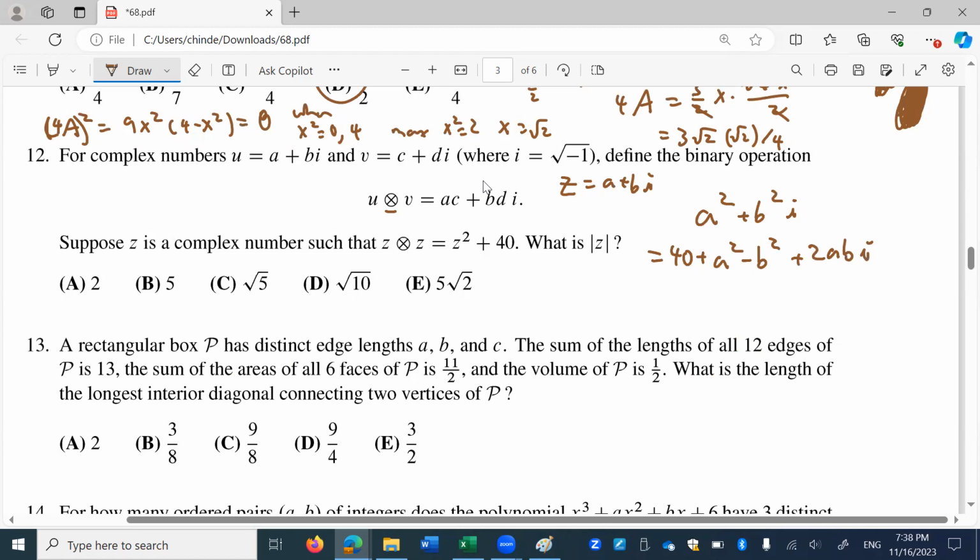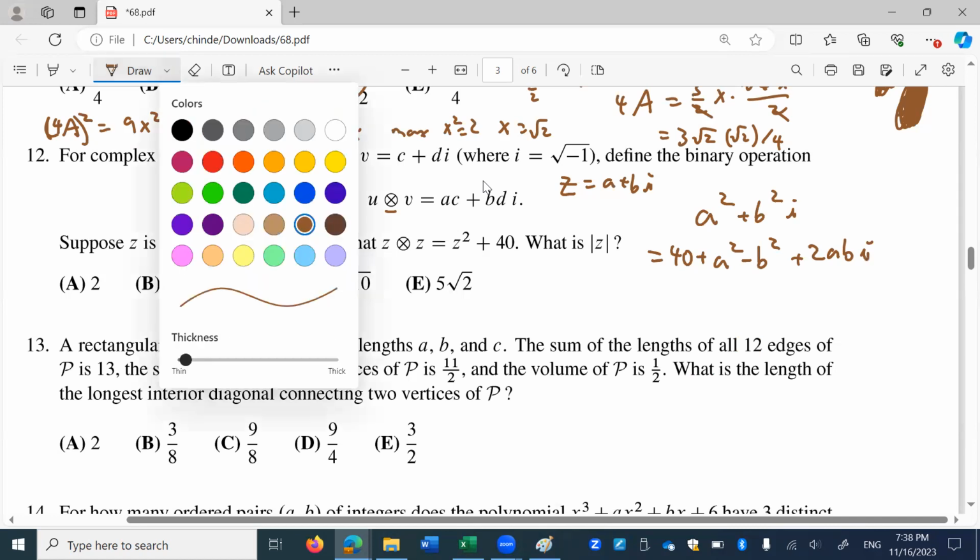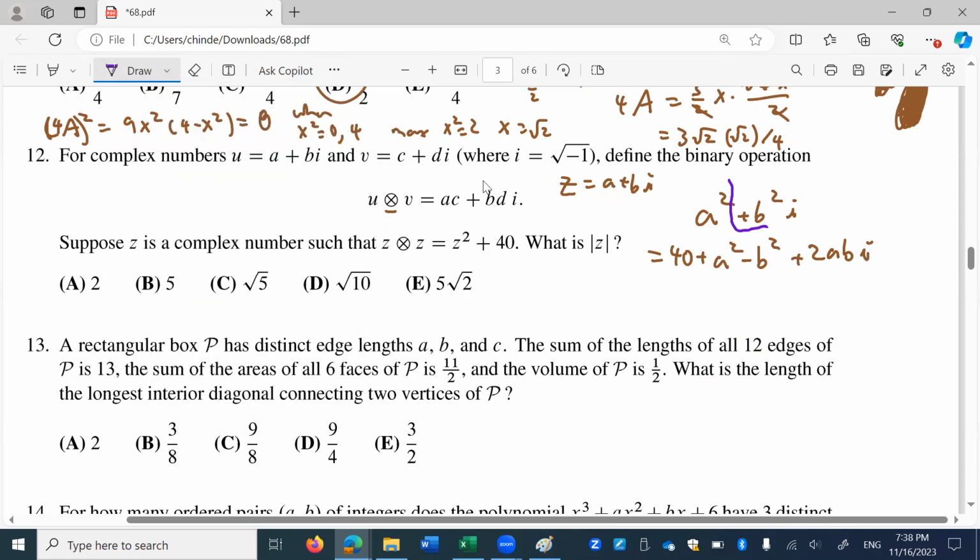And so if these two numbers are the same, then they have to have the same real part and the same imaginary part. And so the imaginary part, if these two numbers are the same, tells me that b squared has to equal 40. So b squared equals 40, b equals 2 root 10.